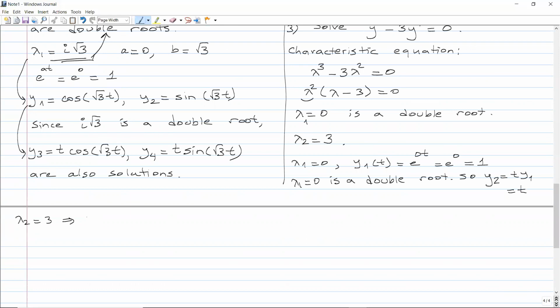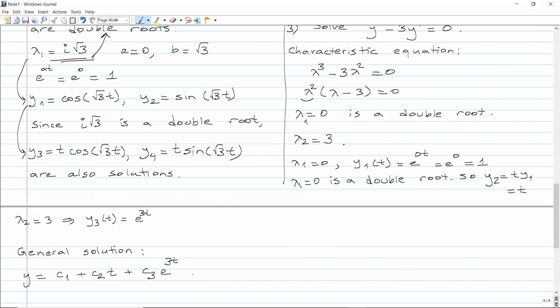So this gives me my third solution, e to the power 3t. So my general solution is y equals c1 times 1, so just c1, plus c2 times t plus c3 times e to the power 3t.